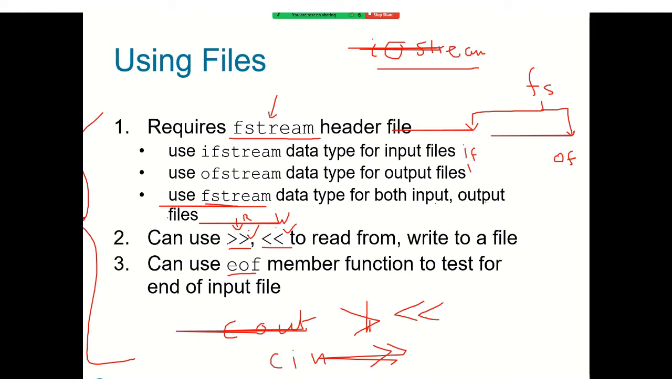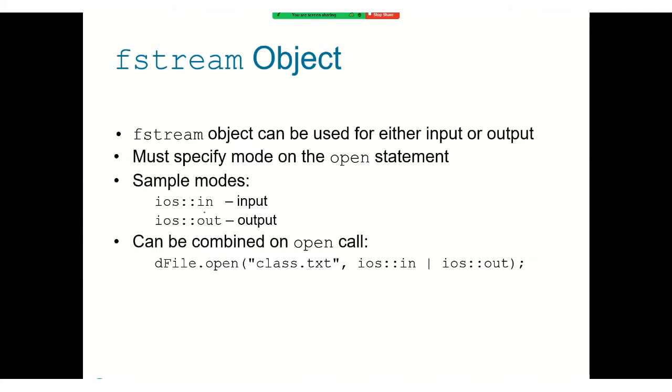No exception. So an fstream object can be used for input or output, and you have to specify the mode on the open statement, and sample modes are in and out. This can be combined, and then on the open call you can say dfile.open.